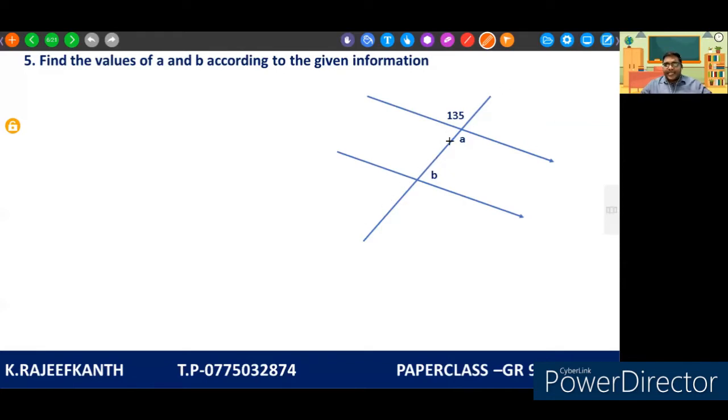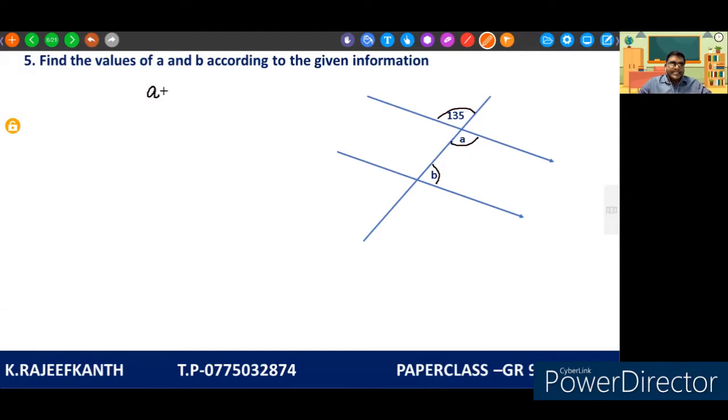Right. So this angle is A, this is B. And also they have given this angle as 135. Here these two angles are vertically opposite angles because here there are two straight lines intersecting. When two straight lines are intersecting, the opposite angles will be equal.